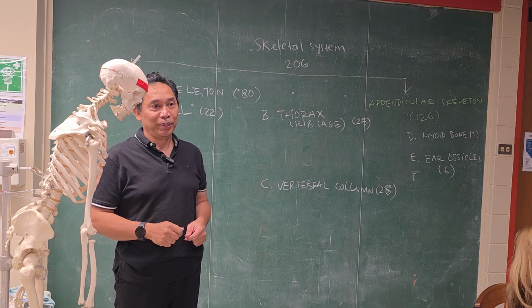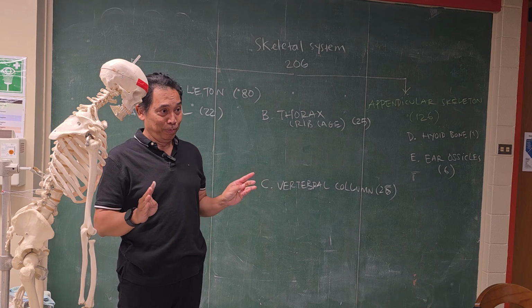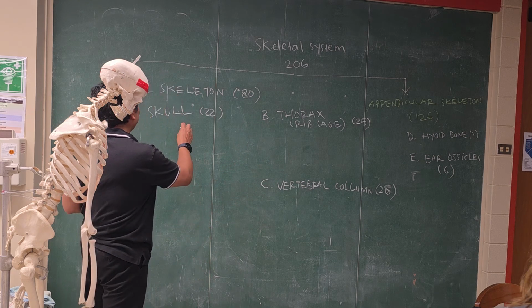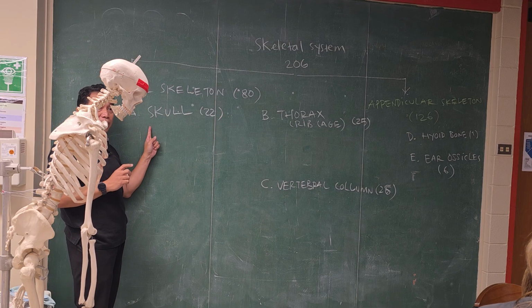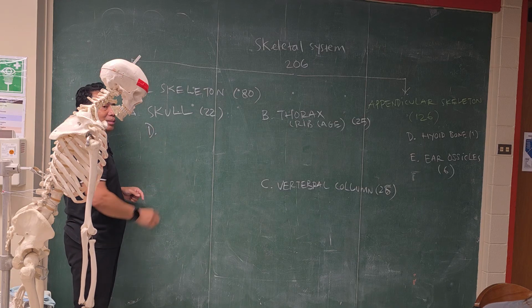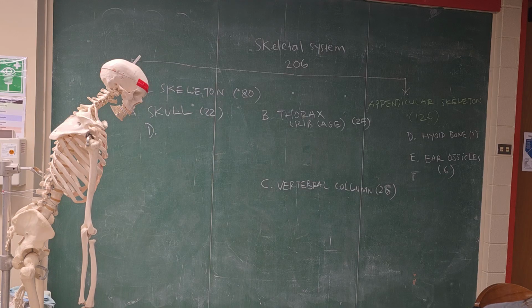Okay. Now, are you ready to name all these 80 bones? You already know one of them, the hyoid bone. We start with the skull. Okay, skull, there are 22 bones. It is divided into 2 parts. The first part will be the whole part over here that protects our brain.